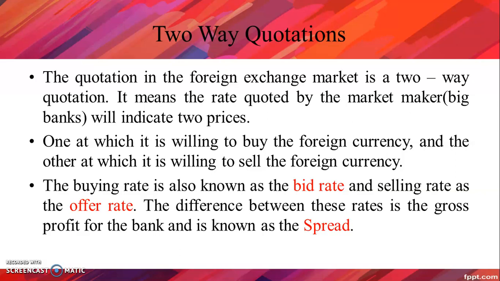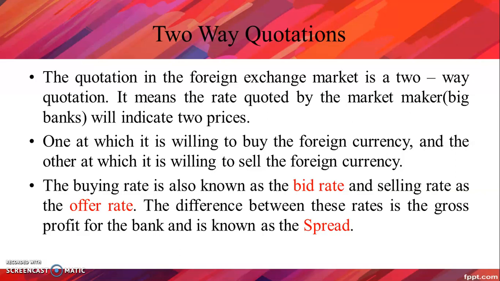For example, a Mumbai bank may quote its rate for US dollar: US dollar 1 is equal to rupees 68.1525 slash 1650. The rate would be quoted as 1525 slash 1650 since the players in the market are expected to know the big number, that is rupees 68.